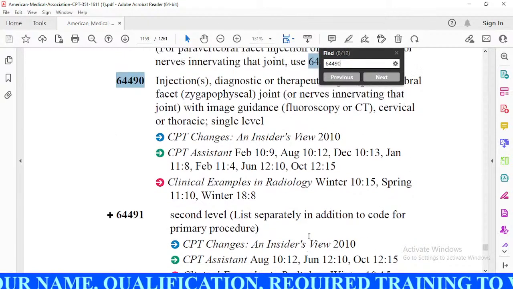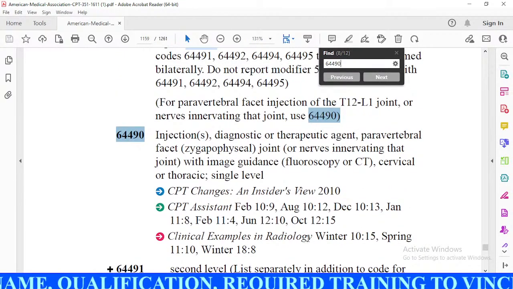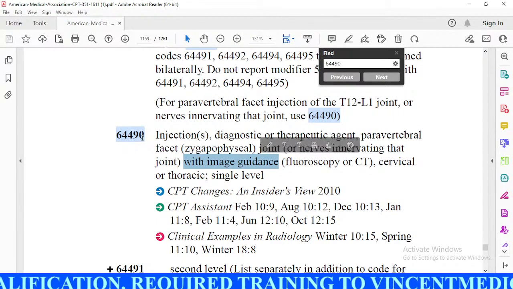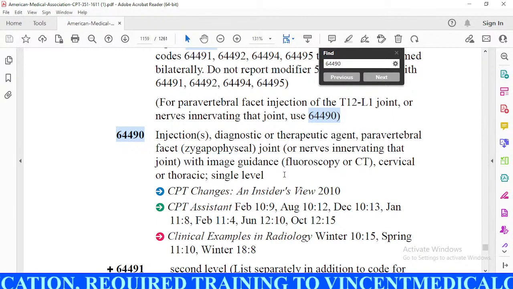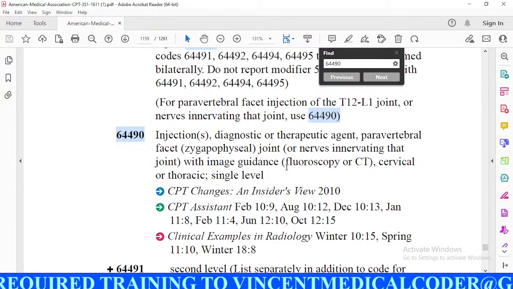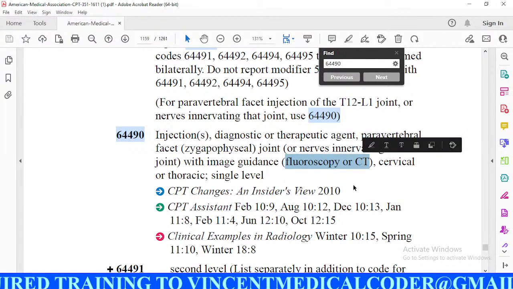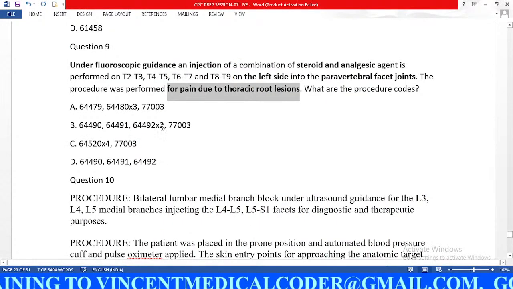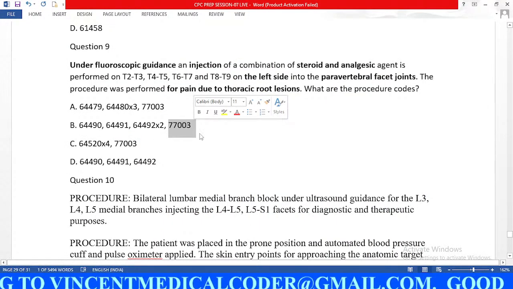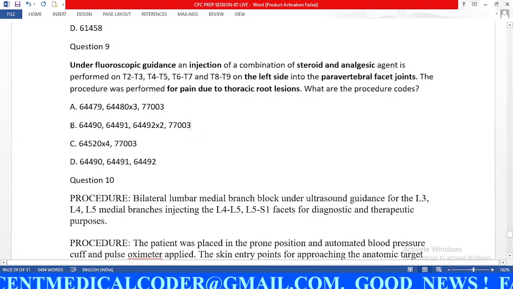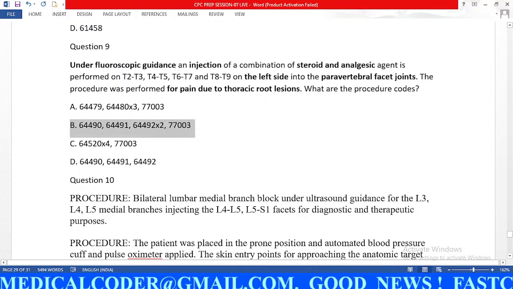But based on our code description, fluoroscopy is included in 64490, with imaging guidance, fluoroscopy or CT. We do not need to code it separately. But our B has a separate fluoroscopy code.